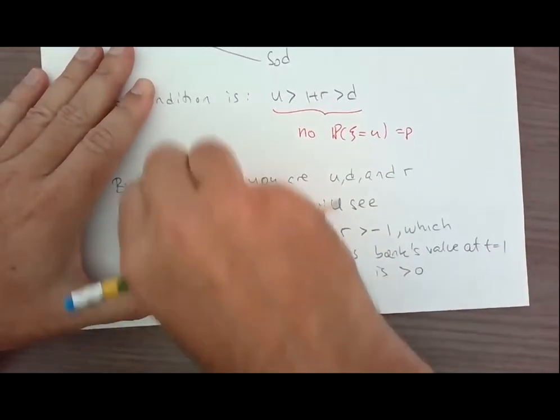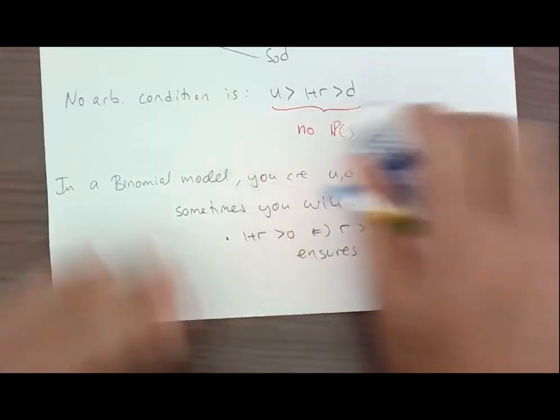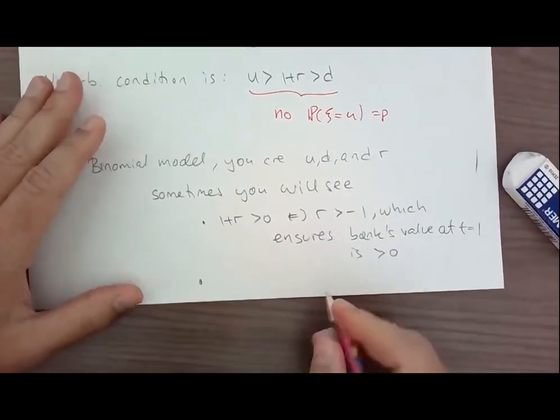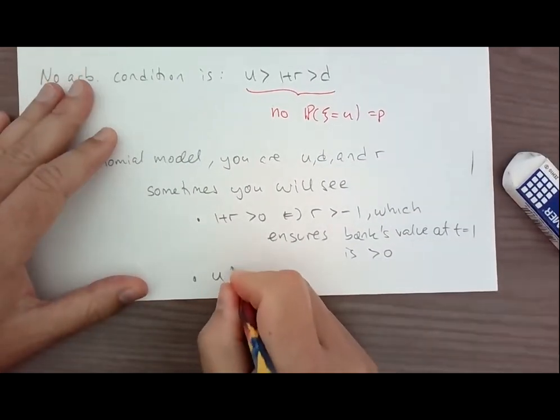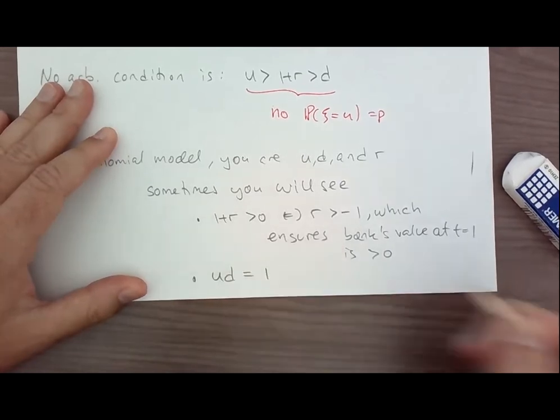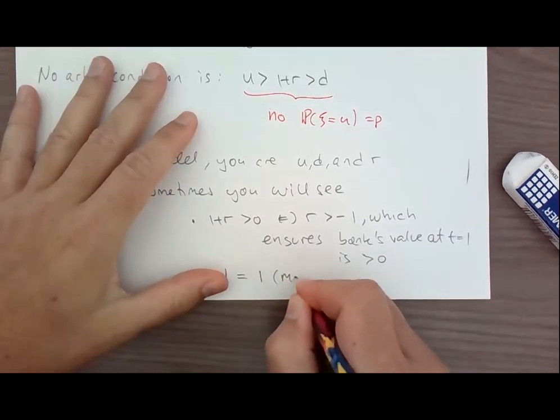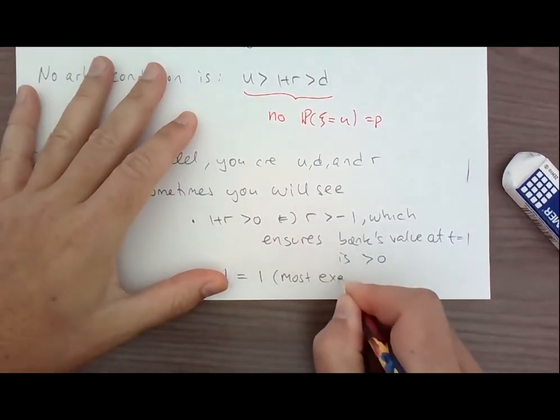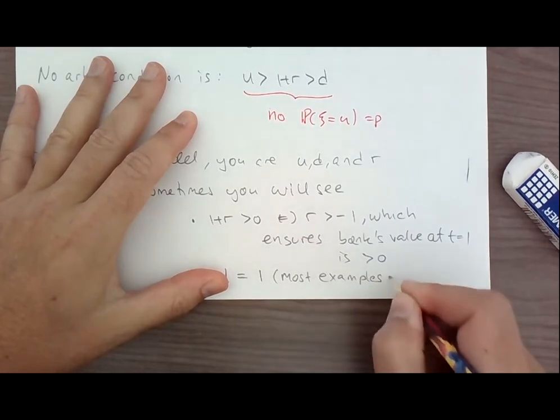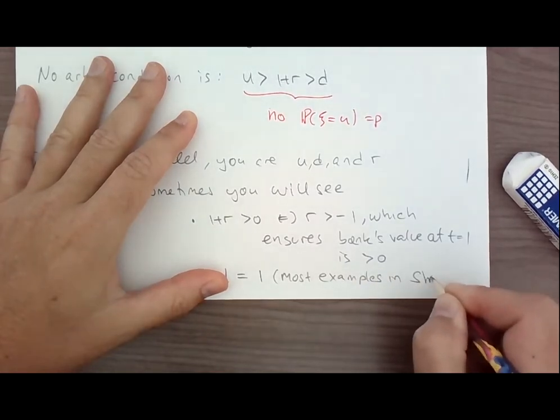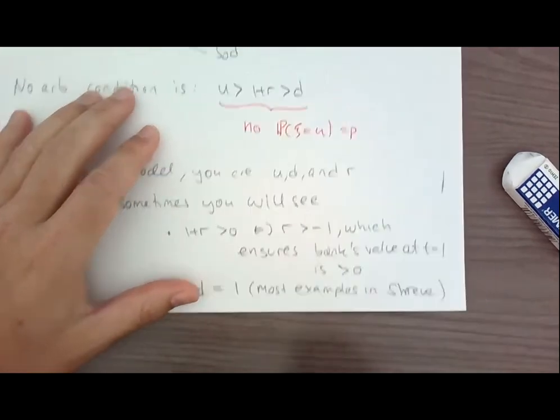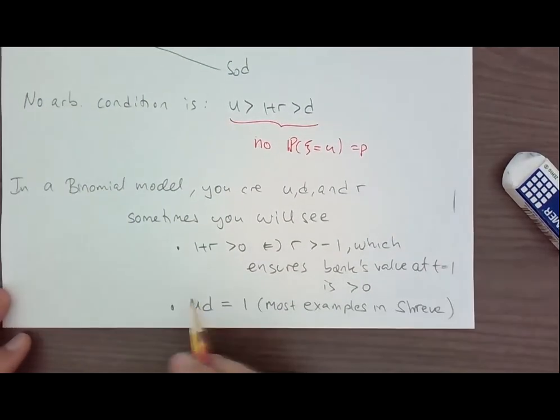Another thing that the textbook likes to do quite a bit, in most examples in our textbook, is to set the product U times D equal to 1. It gives prettier formulas when you have u equal to 1 over d.